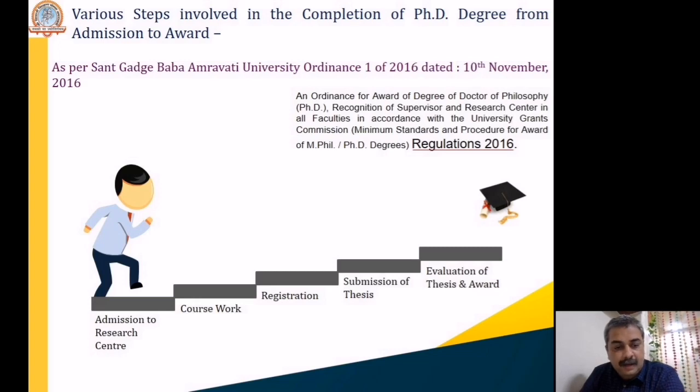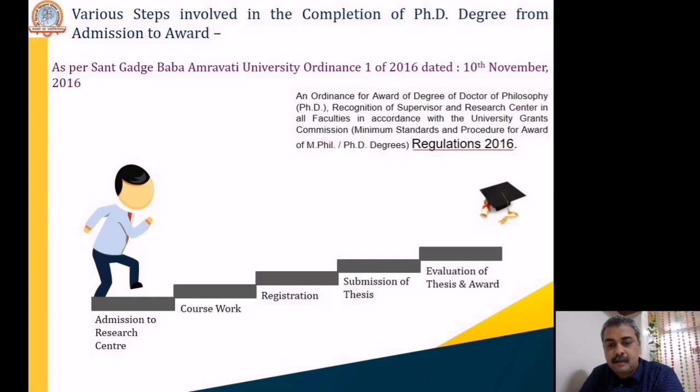The first step is the admission to research center, then coursework, then after completion of the coursework there is the registration part, submission of the thesis, evaluation of thesis, and finally the award of PhD degree.